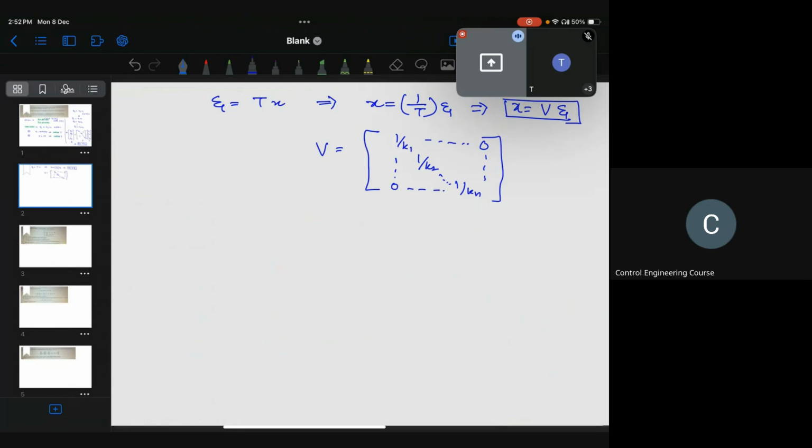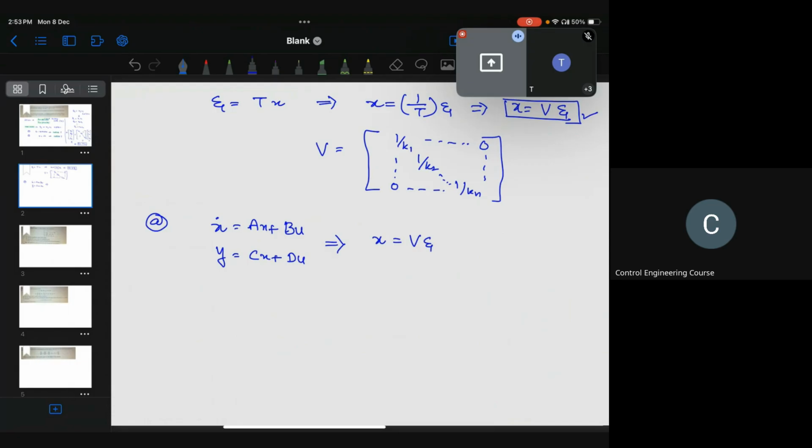Now let us look at the question. The first question, question A, says that we already have x dot equal to Ax plus Bu, and y equal to Cx plus Du, correct. In this, what do we have? x equal to V zeta.